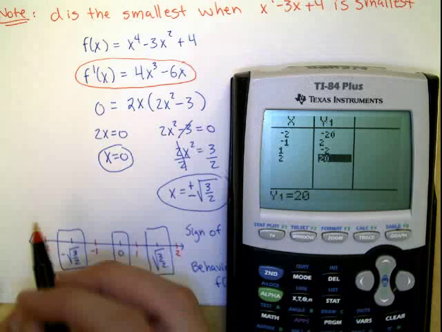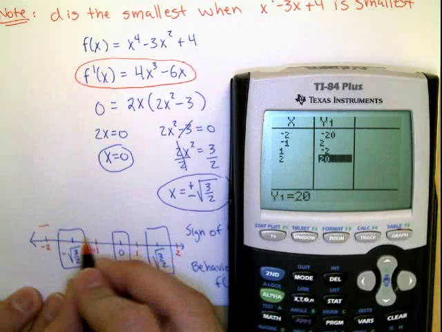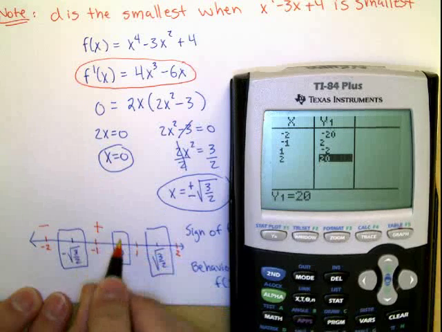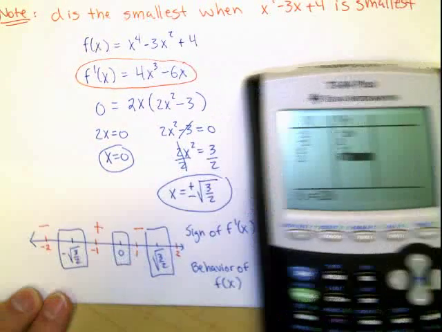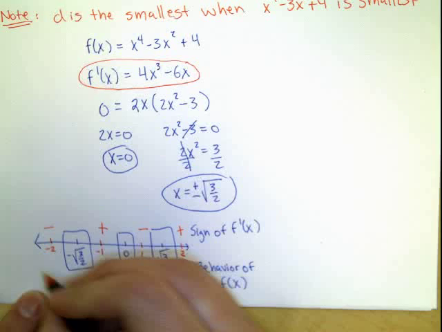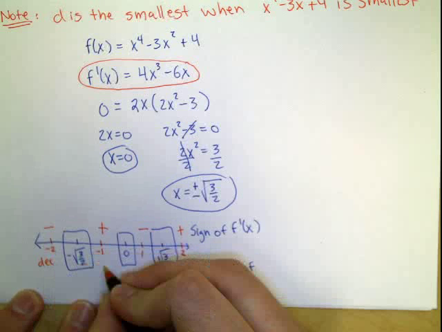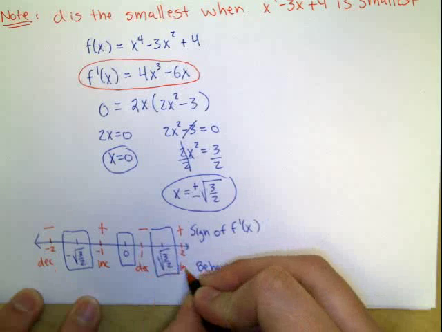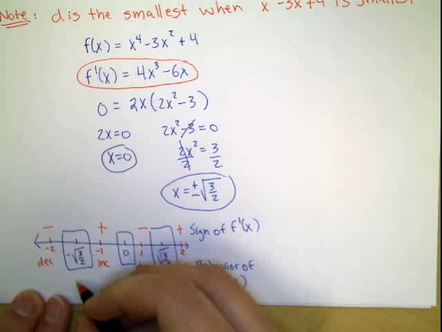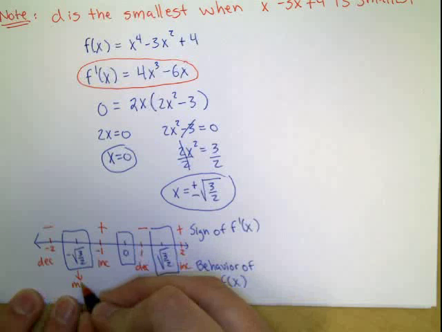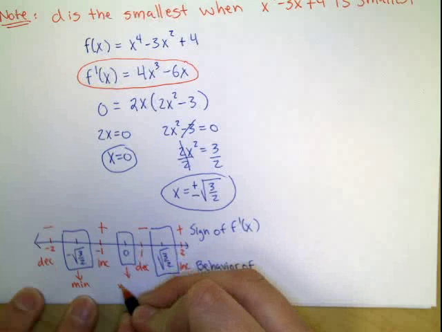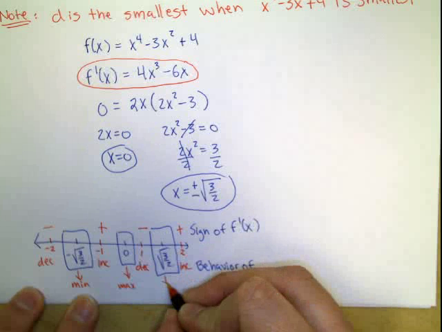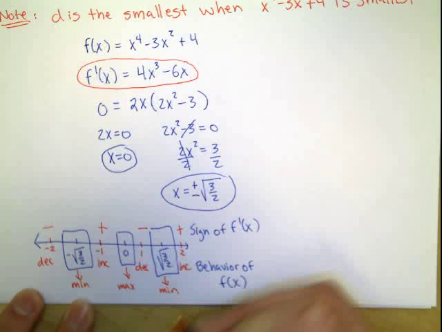So those are my values. All I really care about is the signs. I got a negative, a positive, a negative, and then another positive. So I know my function's decreasing, increasing, decreasing, and increasing, making this value a minimum, this value a maximum, and the last one another minimum. So I have two mins and a max.